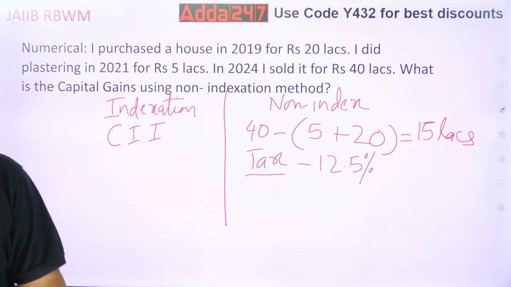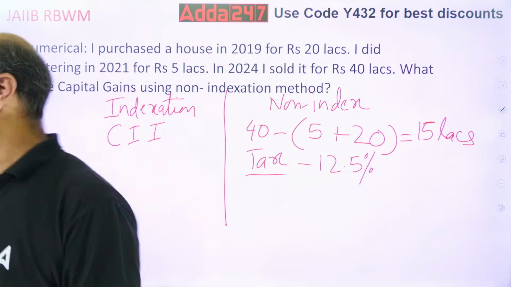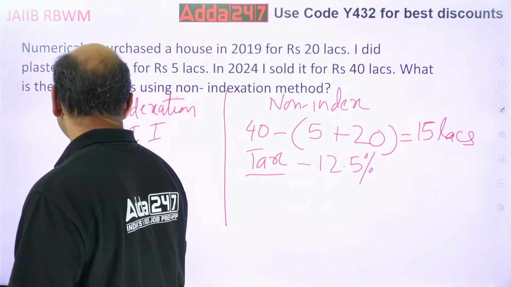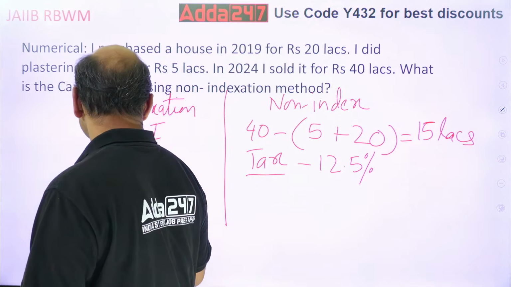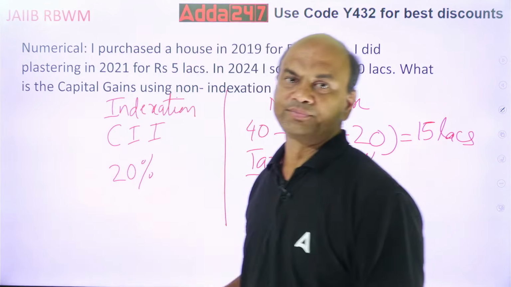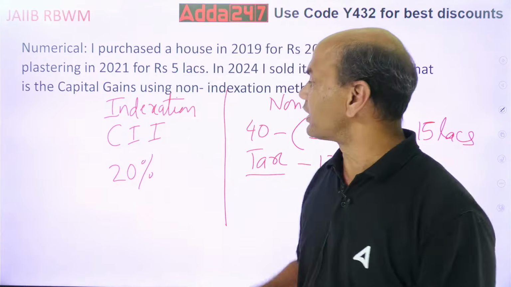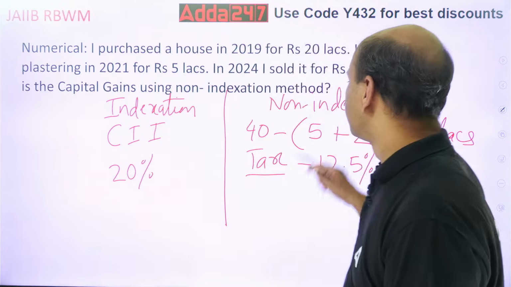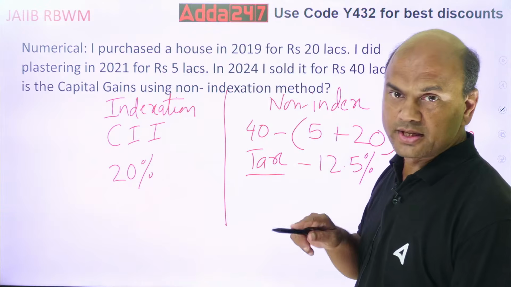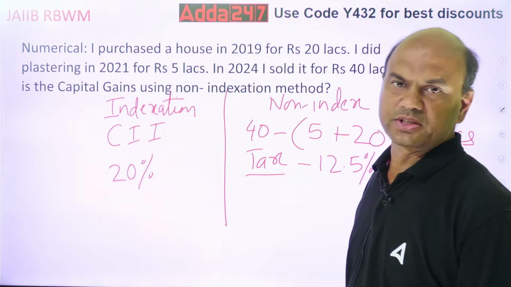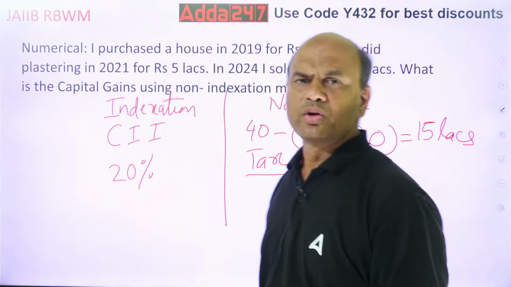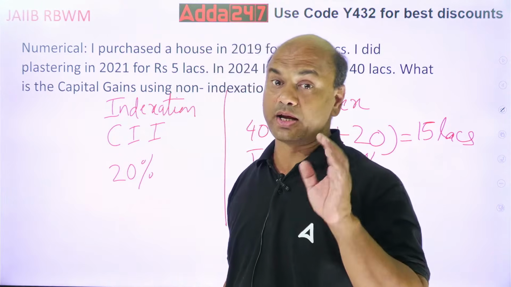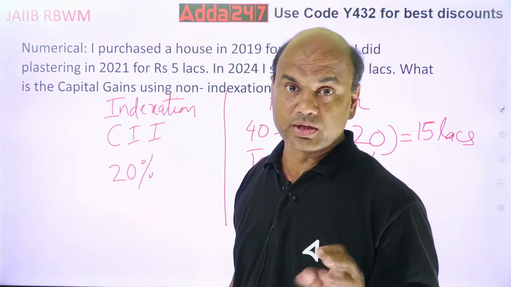So it is 12.5%, and for indexation method, it is 20%. Capital gains tax for indexation method is 20%. Capital gains tax for non-indexation method is 12.5%. Non-indexation is very simple.